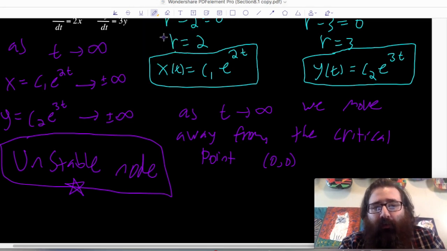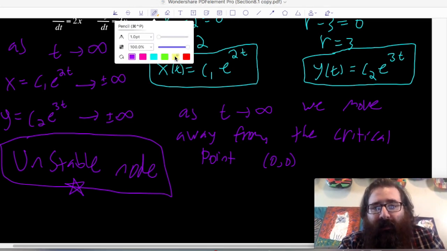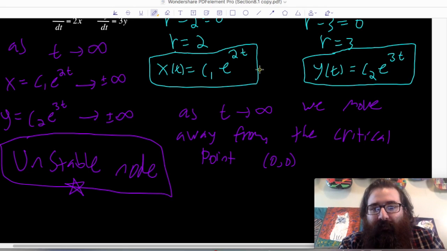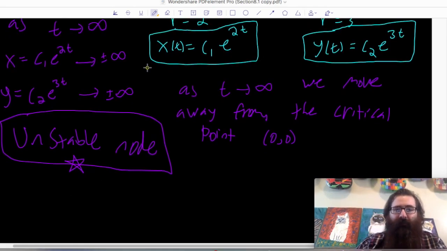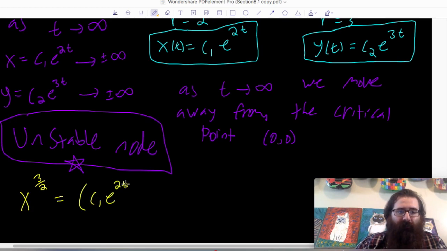If you'd like, you could try to still build a relationship between x and y from their solutions. Though for something like this, I don't really know if it's as important. But we can still do that with algebra. So for example, if I take x and take a look at x to the power of 3/2, that would be equal to c sub 1 e to the 2t to the power of 3/2.